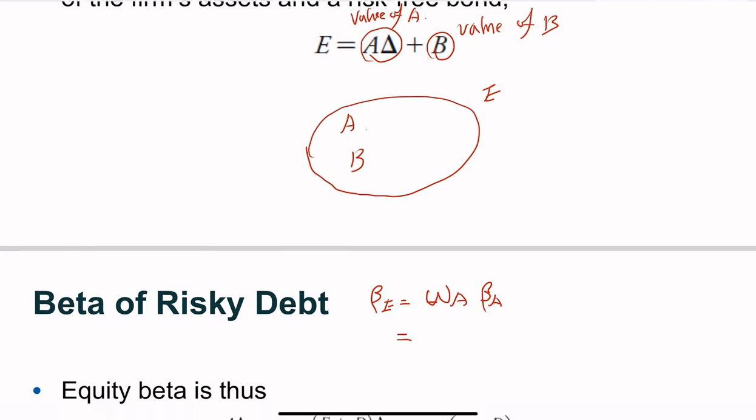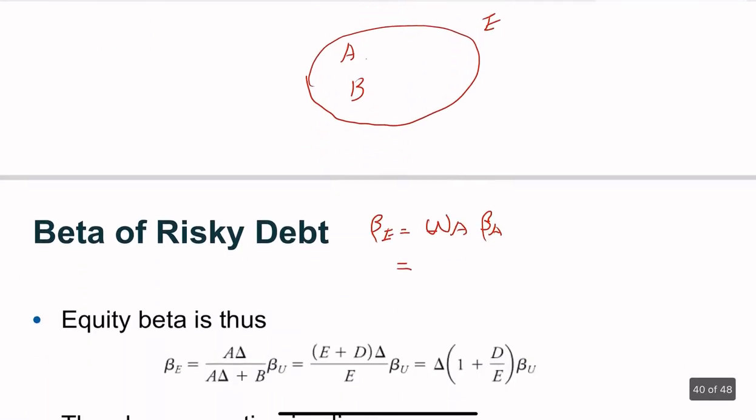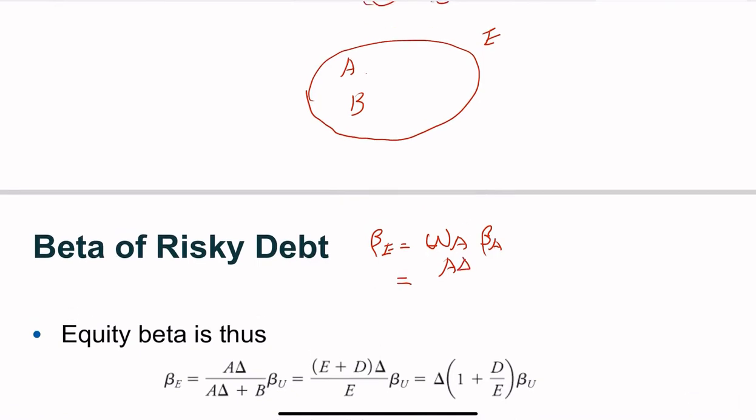So you can see that the portfolio weight of asset here is A times delta divided by A delta plus B, right, times beta A. Of course, asset beta is the same as unlevered beta. So we could basically use beta U here, right?